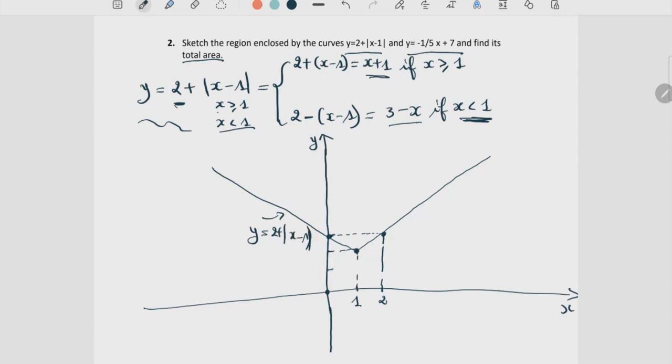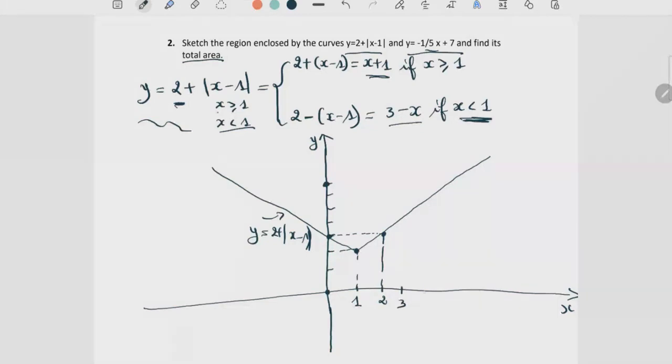So now let's look at our second curve, which is y is equal to negative 1 over 5x plus 7. So what happens if x is equal to 0 in that case? If x is equal to 0, we have that our second curve is equal to 7. So 3, 4, 5, 6, 7. 7 there. And then what happens if, for example, x is equal to 5?